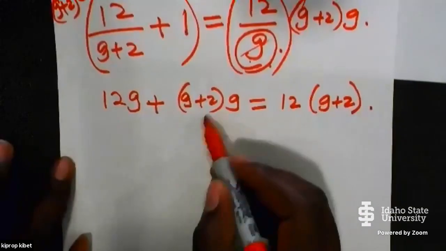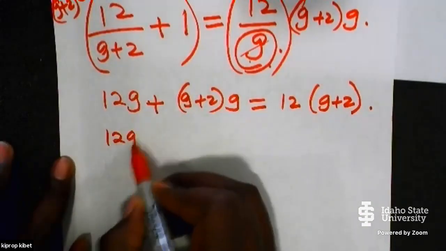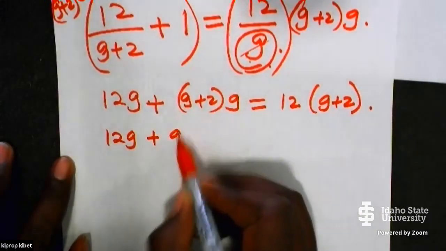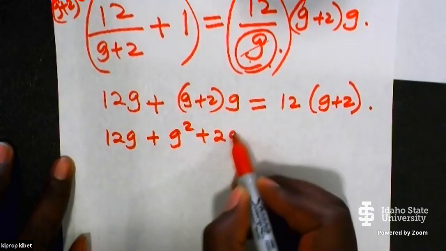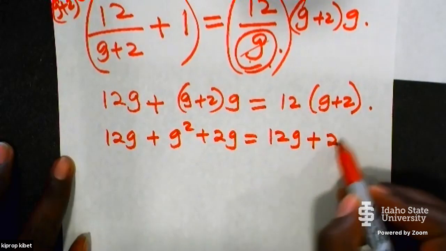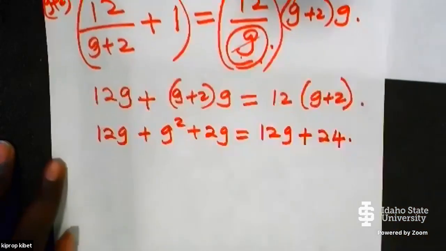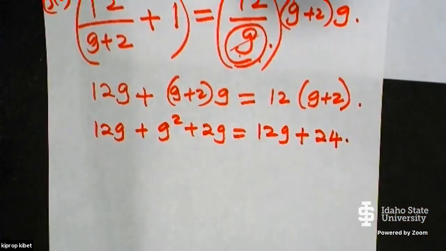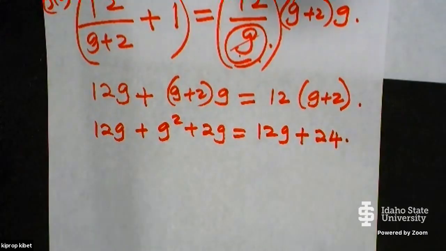Then you open these brackets here: 12G plus G squared plus 2G equals 12G plus 24. Then you collect the like terms.